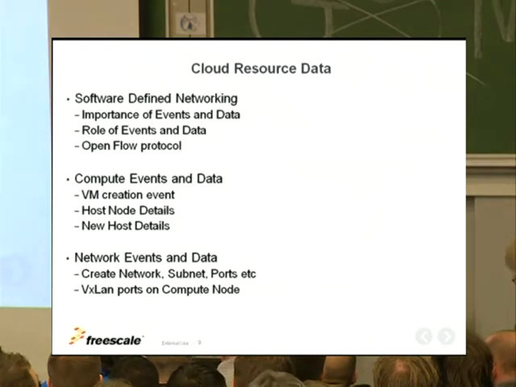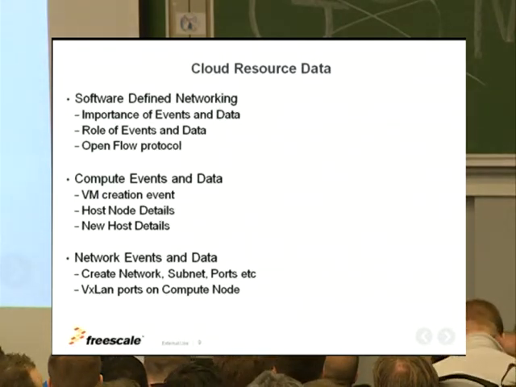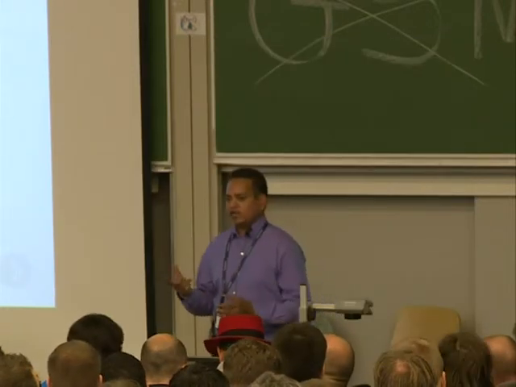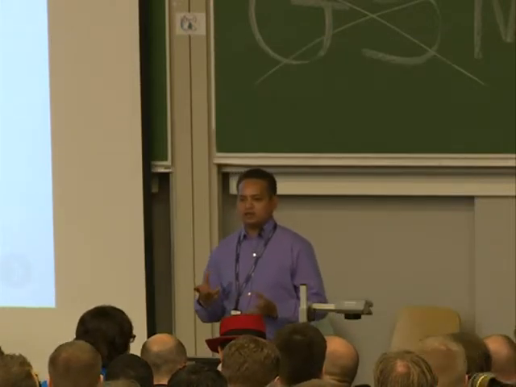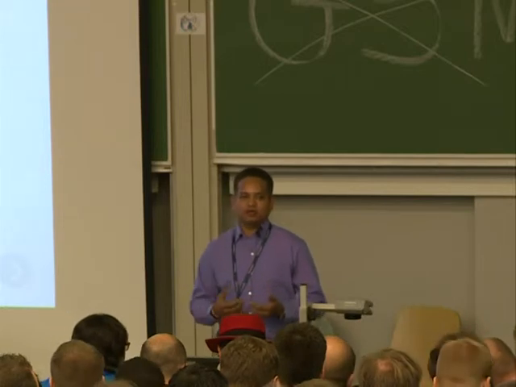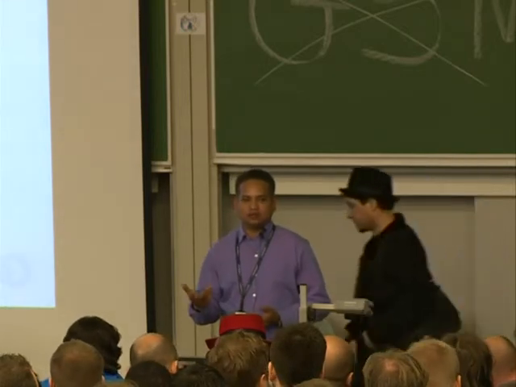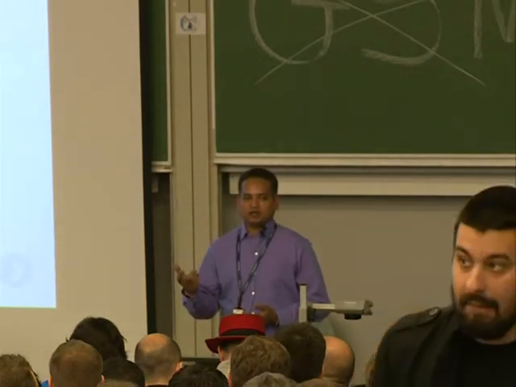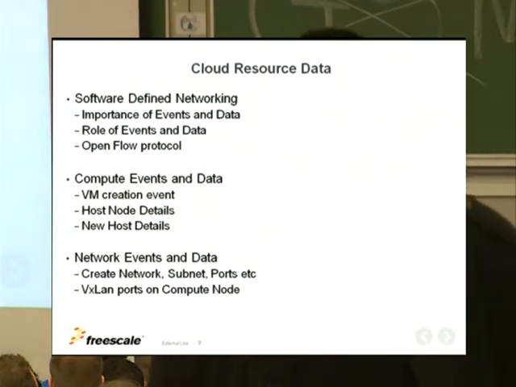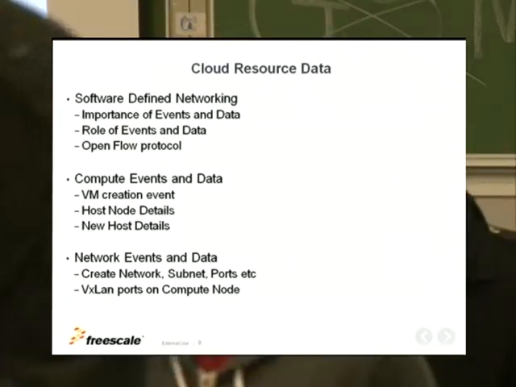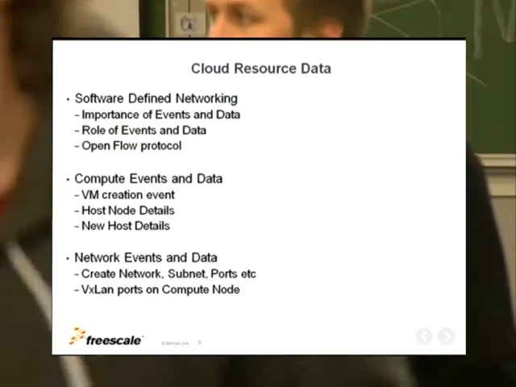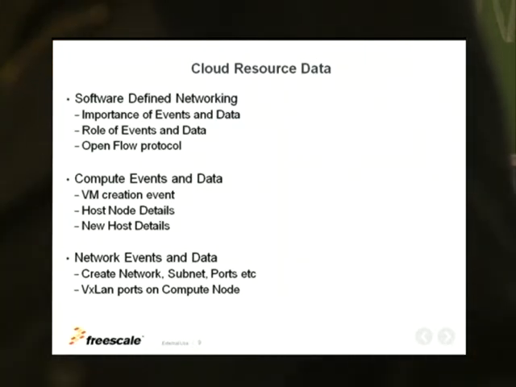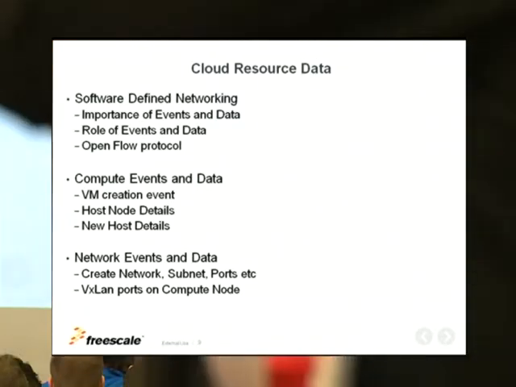Like we have the OpenFlow protocol for SDN, software defined networking. We can define the networking, like how we want to handle the data. When we create a network, we store that network data into a database, and we can take the appropriate action based on that data. The intelligence built around the data is very important for defining the networking.